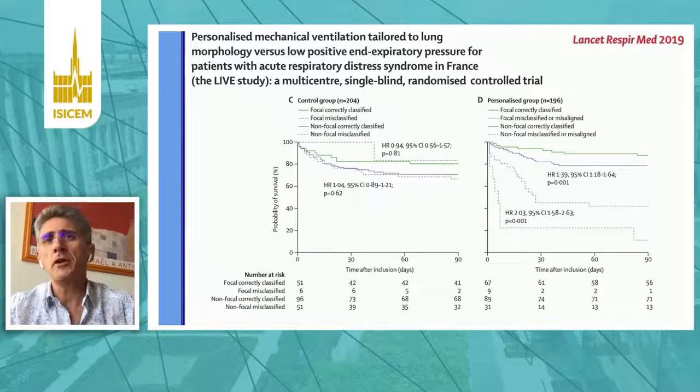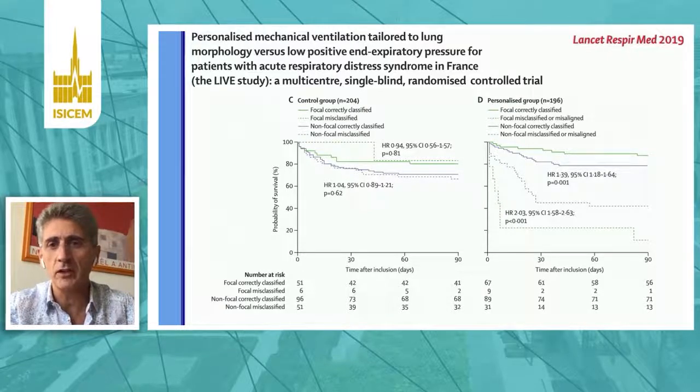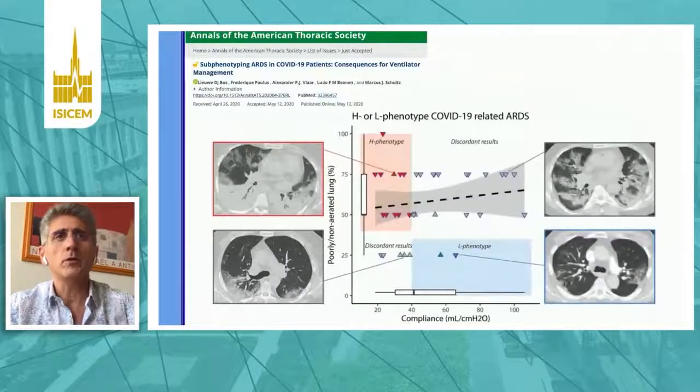And this actually points out the fact that the CT scan may sometimes be misleading, and this is also true in patients with COVID-19 infection. Just to give you more clues, this very interesting letter coming from Marcus Schulz's group in the Netherlands has clearly shown that some patients have this H phenotype and indeed very low compliance, totally consistent with the CT scan findings.